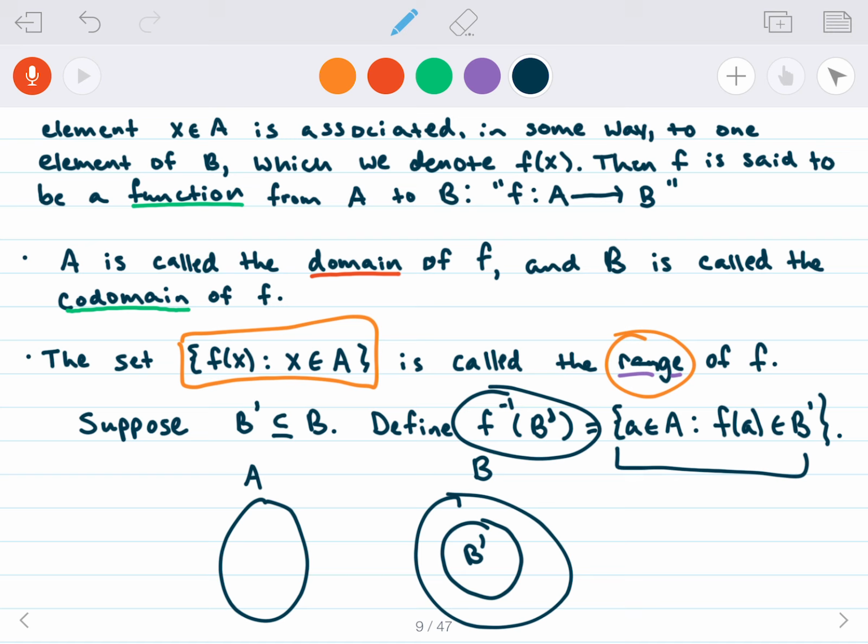This is all of the stuff that gets mapped into B prime. So this is my inverse image, and this is f going this way. It's going to be this subset right here, just this piece, the stuff that gets mapped into B prime under the map f.